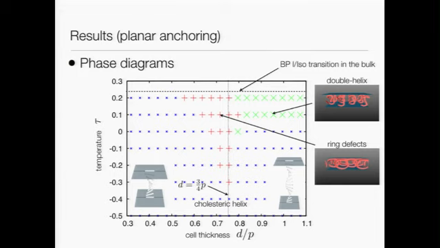And indeed, along this line, the temperature range of these stable structures is largest. And again, this is attributed to the highest degree of frustration along this line.